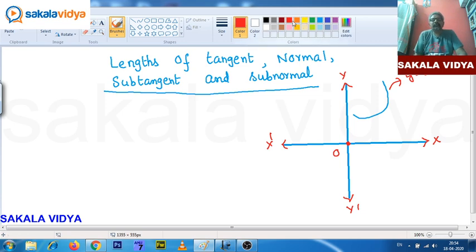For example, you draw a tangent to this.